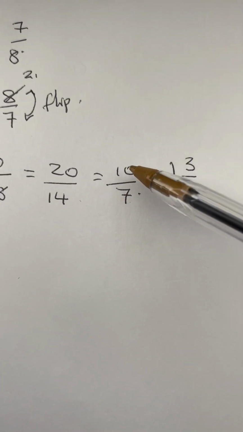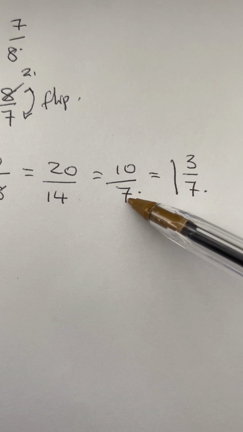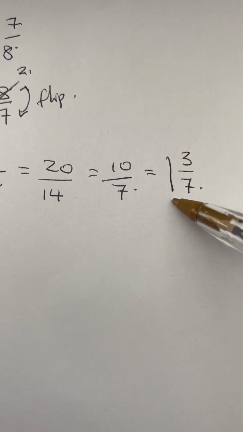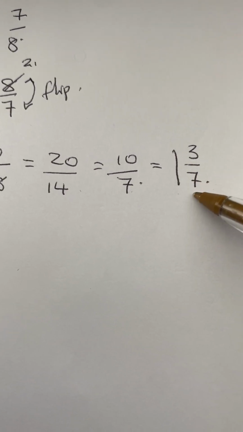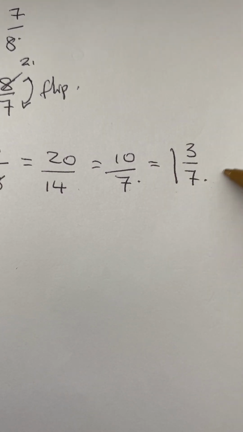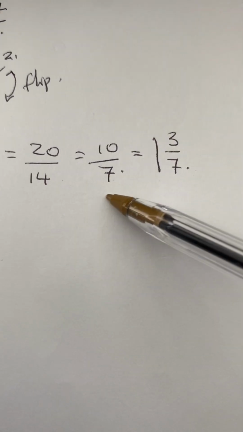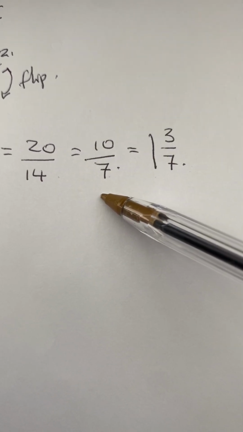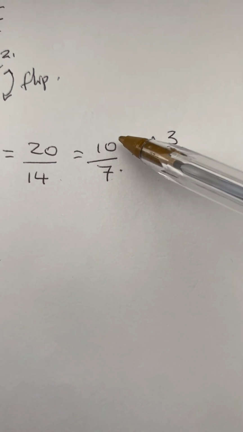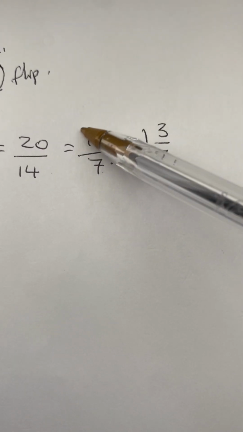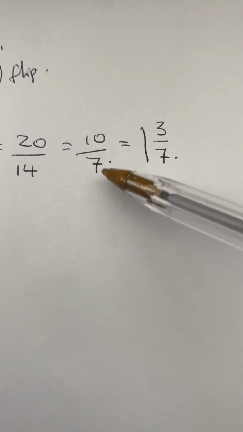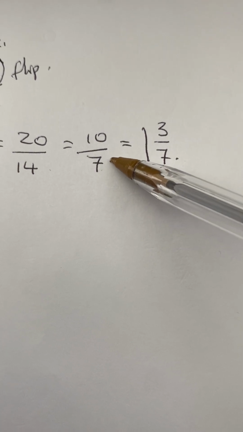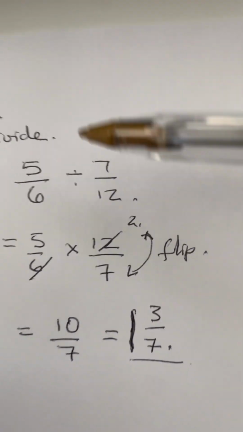So now, 10 over 7. How many 7s do you have in 10? 1, with a remainder of 3 over 7. So you can leave your answer as a mixed fraction or a top heavy fraction. If they say leave your answer as top heavy or improper fraction, or they don't say anything, you can stop here. Now let's look at the last question for today, the last fraction.